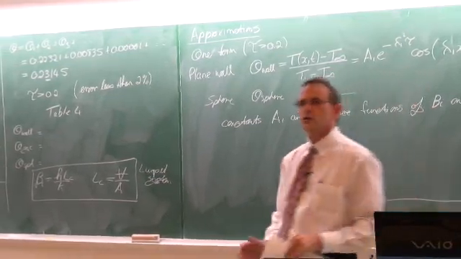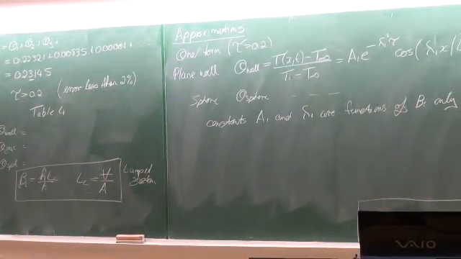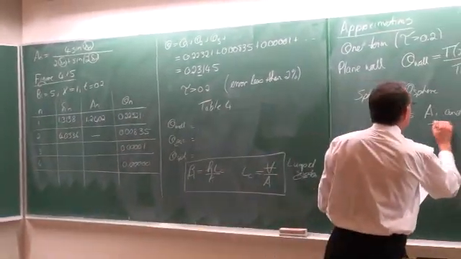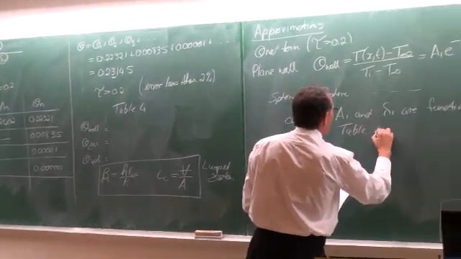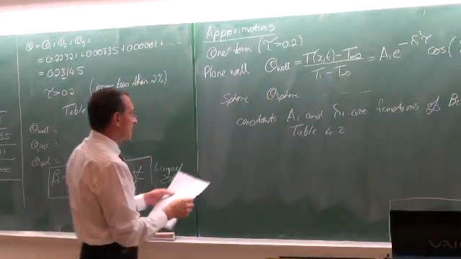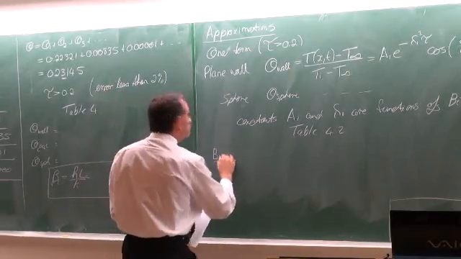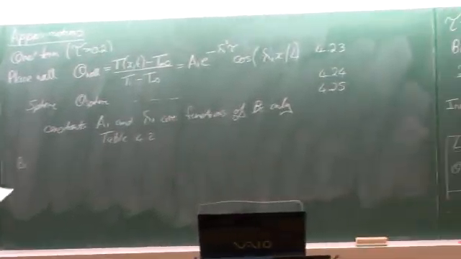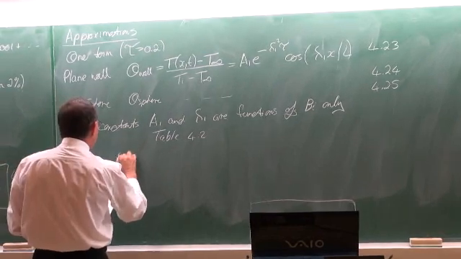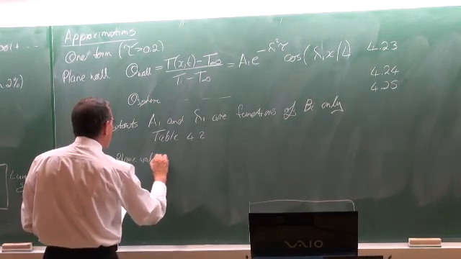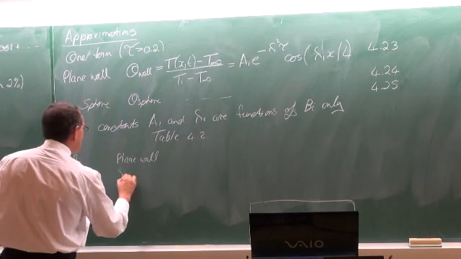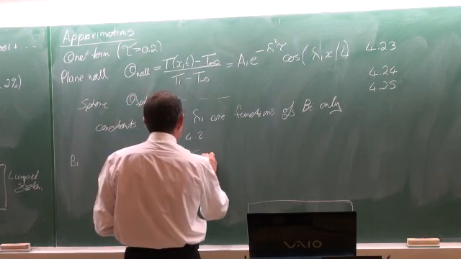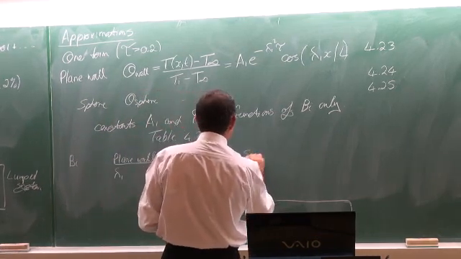Okay, and the writers of the textbook were very kind. In table 4.2, these values are given. Maybe you can't see up there very well, because the print is very, very small, but it gives us the Biot number, firstly for a plane wall, and then it gives lambda 1 and A1 for the plane wall, then it gives it for a cylinder, and then for a sphere.